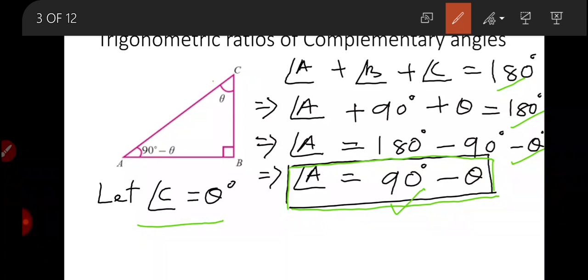So, if angle C is theta, then angle A is equal to 90 degrees minus theta. So, angle A and angle C are complementary. Okay, so next.